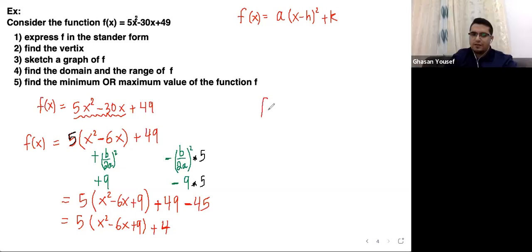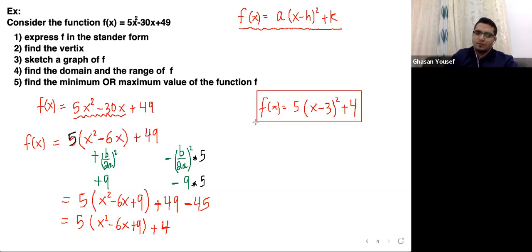So here I can get f of x equal 5 times (x minus 3) squared plus 4. Look, this form is similar to the standard form. So actually we get the standard form. Is it clear?